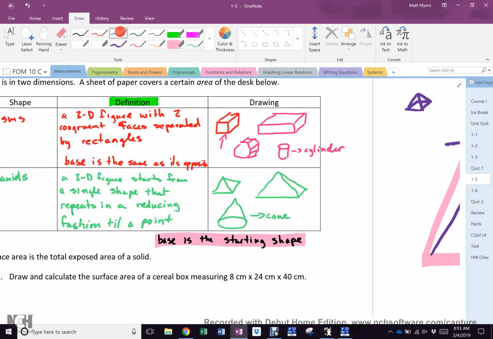Starting point to the end point. That is key. Everybody understands that my height goes from my feet to my head, yes? In a straight line, agreed? Okay. So its base is at the bottom.